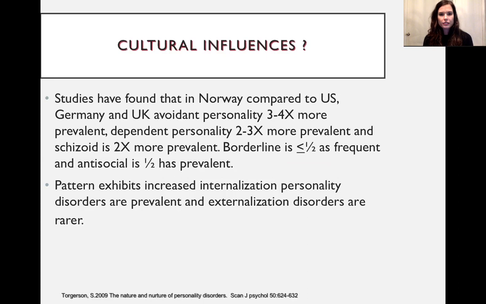So lower rates of borderline and antisocial disorder, higher rates of avoidant and dependent and schizoid in different European countries. So we have to ask ourselves, what's happening culturally that's different there that is impacting their rates compared to the United States?